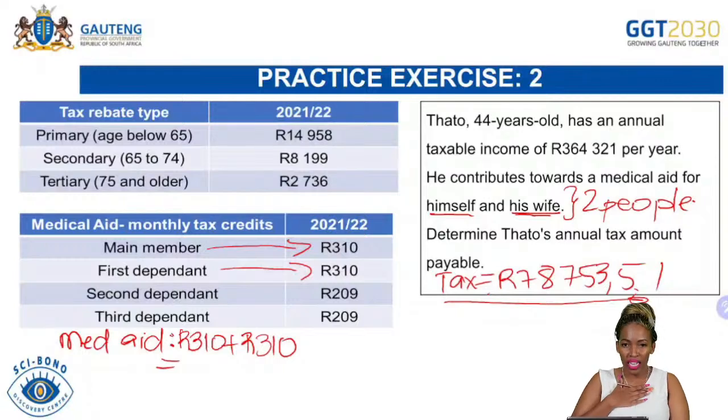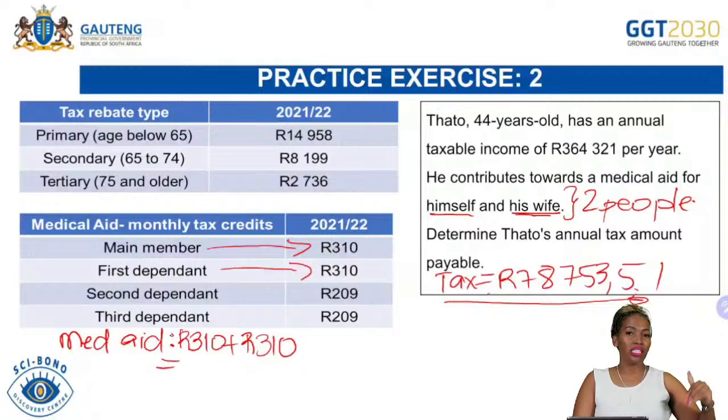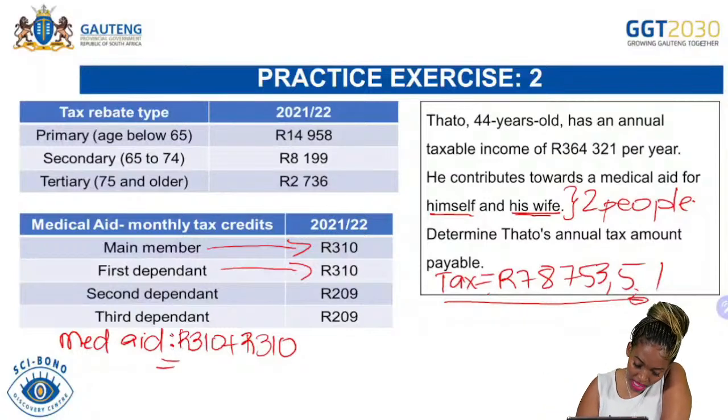I can be on medical aid with my 2 children. That child, the first one that was registered with the medical aid, will be my first dependent. So when you calculate my medical aid, it will be myself, main member, first dependent, my first child, second dependent, my second child. Do you understand? So the first dependent does not always mean that it is a partner. No, it doesn't work like that.